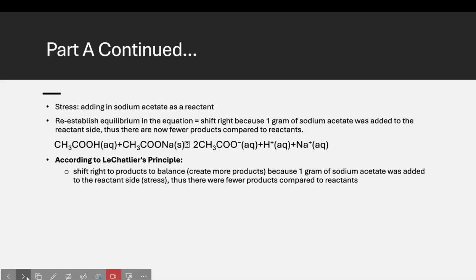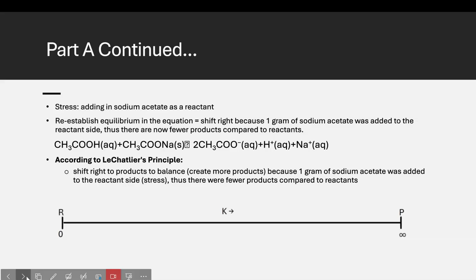So then, according to Le Chatelier's, the shift to the right is to the right, or also known as to the products, in order to balance, because you need to create more products because the 1 gram of the sodium acetate was added to the reactant side. And so because there are fewer products compared to the reactants, K is going to shift to the right to balance it out.